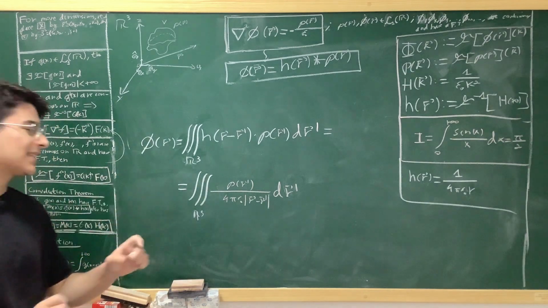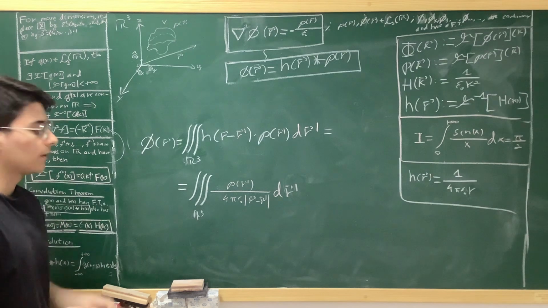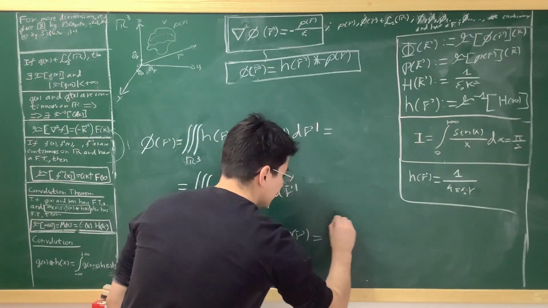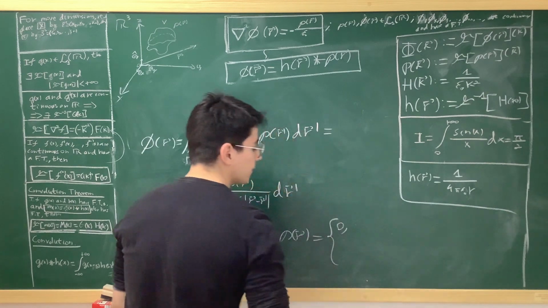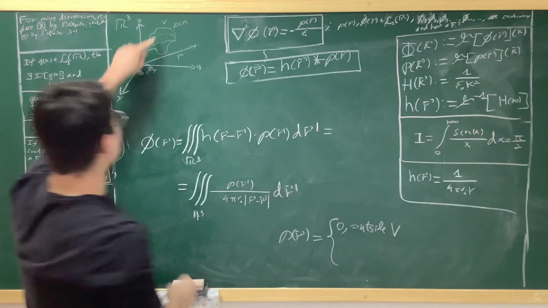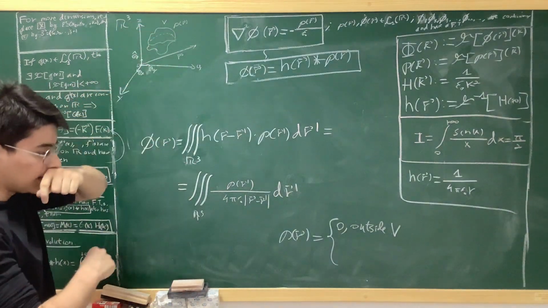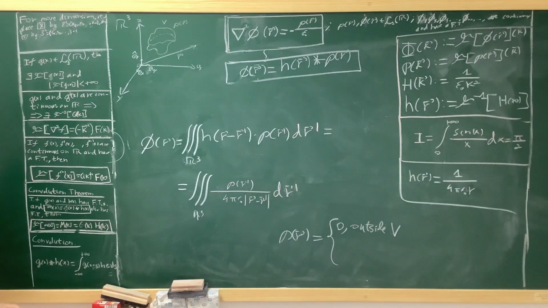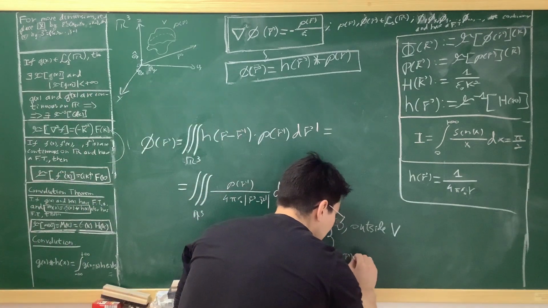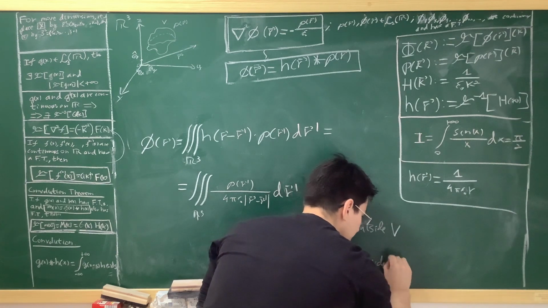And now we can simplify this a little bit, taking into account that rho is of the following form. Rho is 0 outside the volume. There's actually just charge density inside this volume, we said. Outside there's no charge density, so it is 0, and inside V it has its value, rho of r.